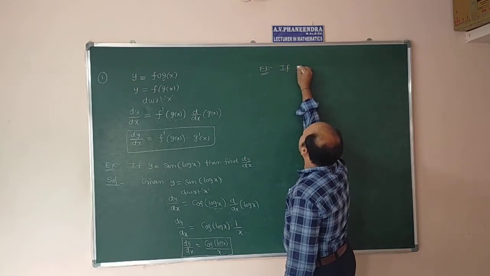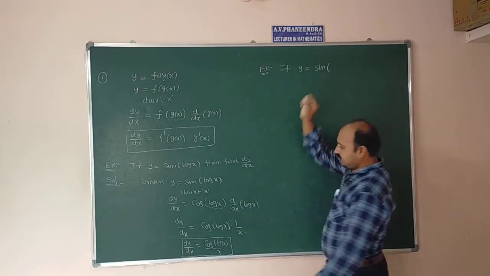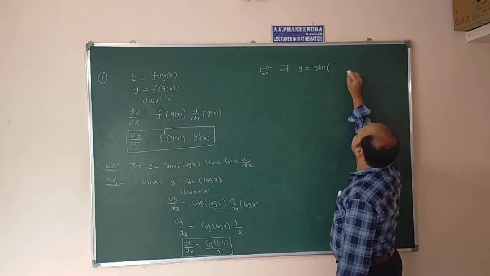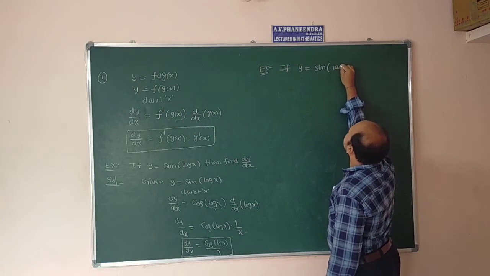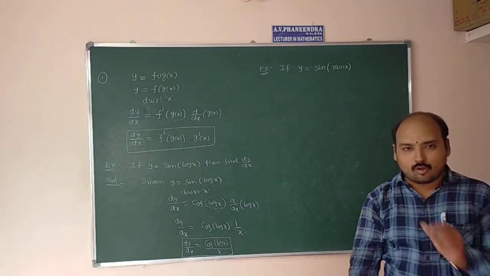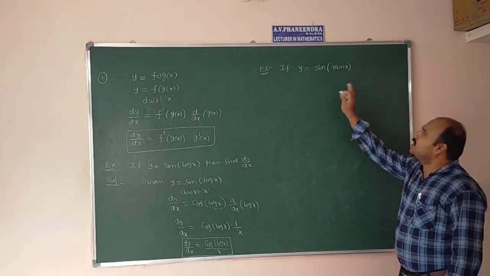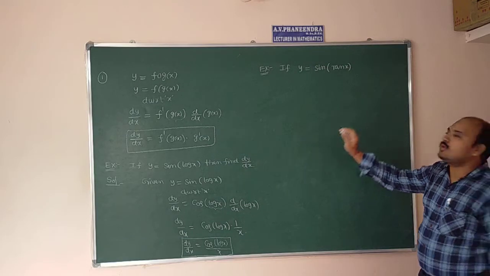If y is equal to sine of tan x, you cannot consider it as sin x into tan x. It should not be equal to sin x into tan x.